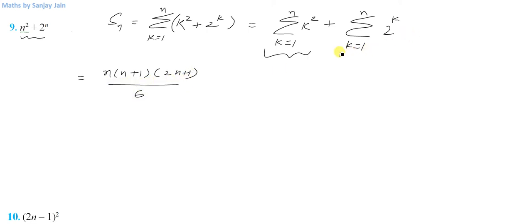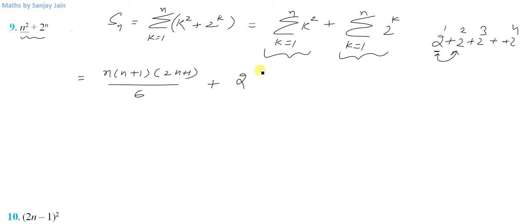The second term here is simply a GP because it is what? 2 raised to power 1 plus 2 raised to power 2 plus 2 raised to power 3 up to 2 raised to power n. So this is a GP with first term as 2 and common ratio as 2. So what is the sum of a GP where the first term is 2?